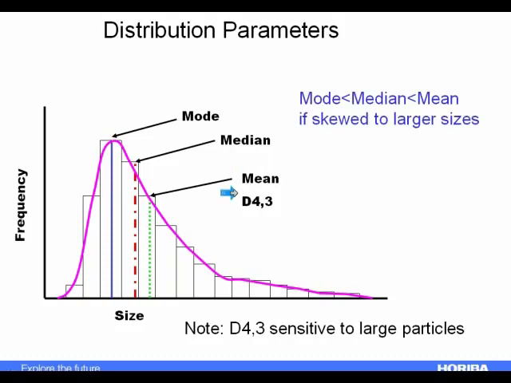So here we're going to talk about for the first time the mean, which is the D43. This is the volume mean, which is the typical mean calculation used when using laser diffraction. And this is actually going to be the number we might include inside the specifications.